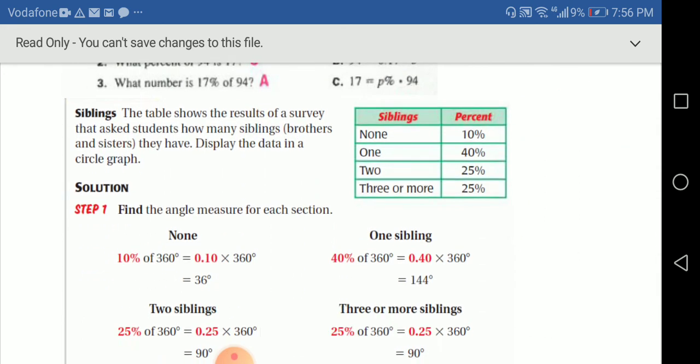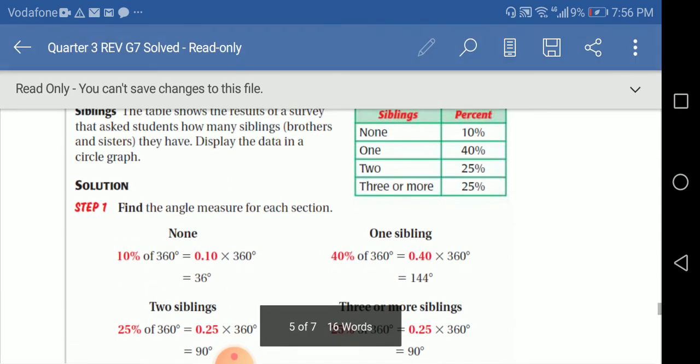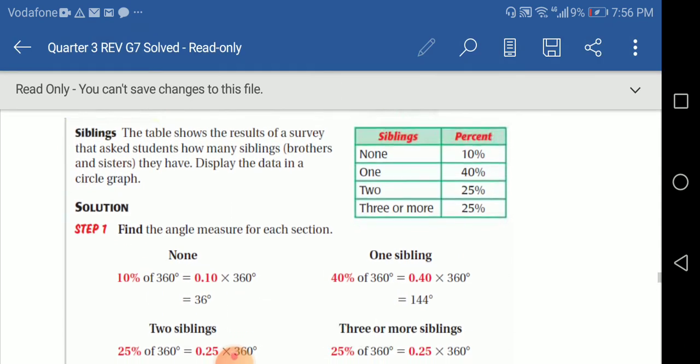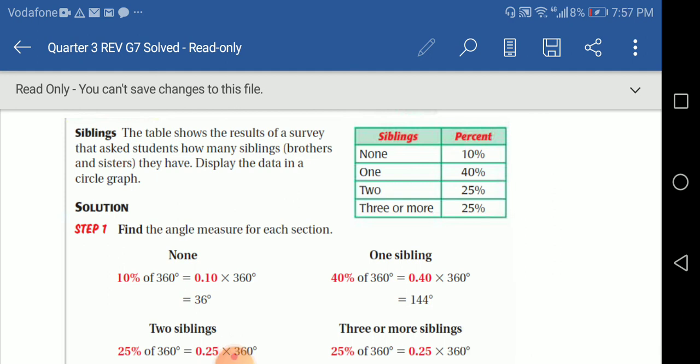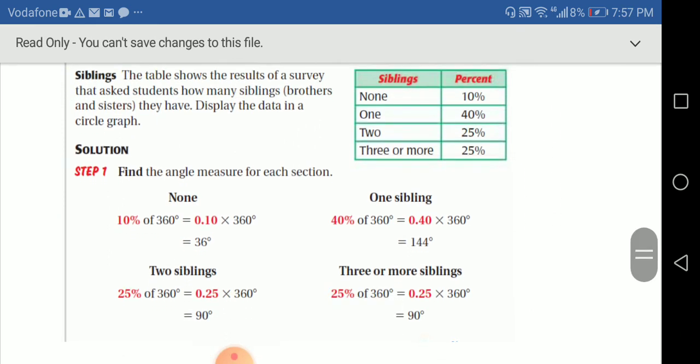Okay, so we have another thing here. The table shows the results of a survey that asked students how many siblings, brothers and sisters, they have. Display the data in a circle graph. So we got a new graph by using the circle. We have 10% for none, 1 is 40%, 2 is 25%, 3 or more is 25%. Find the angle measure of each section.